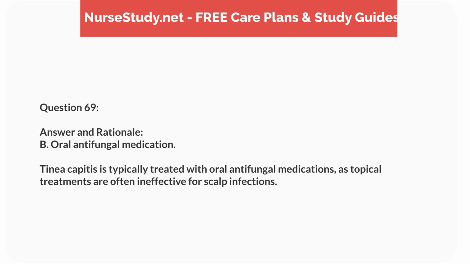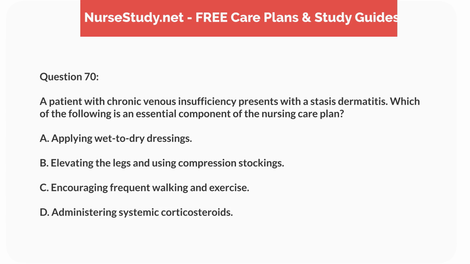scalp infections. Question 70. A patient with chronic venous insufficiency presents with a stasis dermatitis. Which of the following is an essential component of the nursing care plan? A. Applying wet to dry dressings. B. Elevating the legs and using compression stockings.